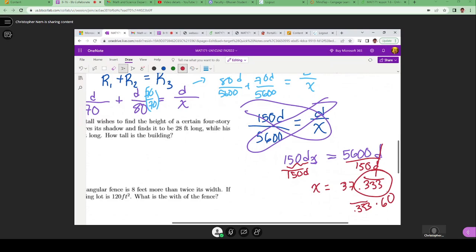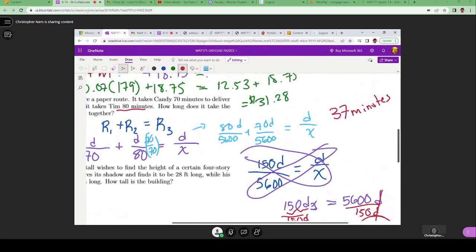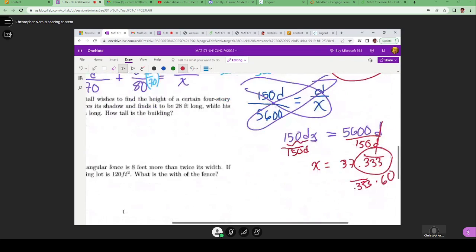Why do I multiply by 60? We got to figure out what that is in terms of seconds. And in terms of seconds, that's going to give us around 20 seconds if you round it up. So it should be 37 minutes and 20 seconds. Remember, this is a decimal, but because we're in terms of minutes, and I don't like working with decimals in minutes, I want to turn it into seconds.